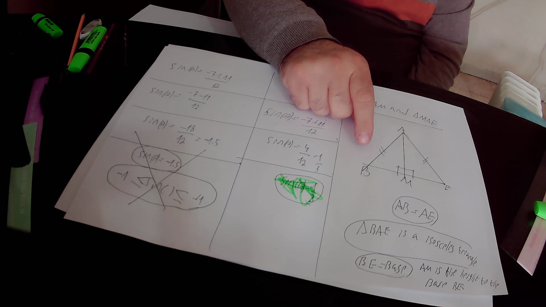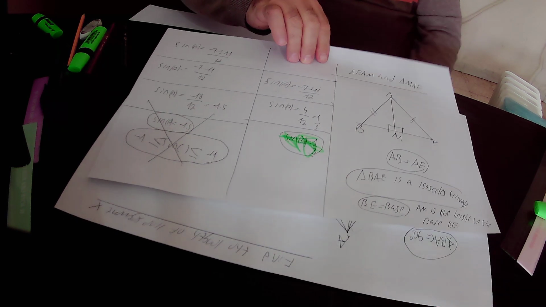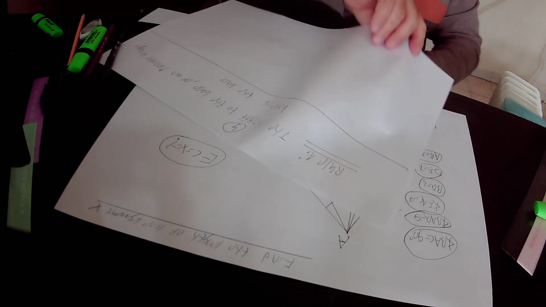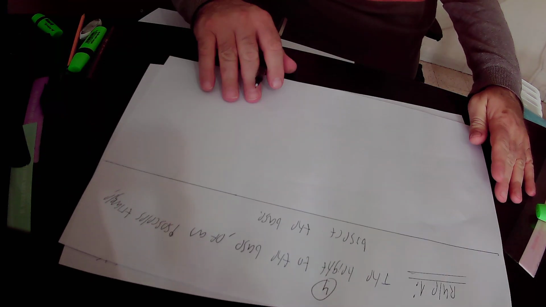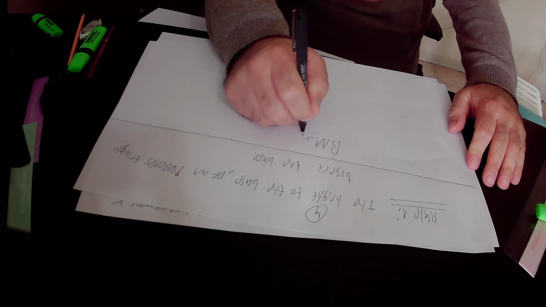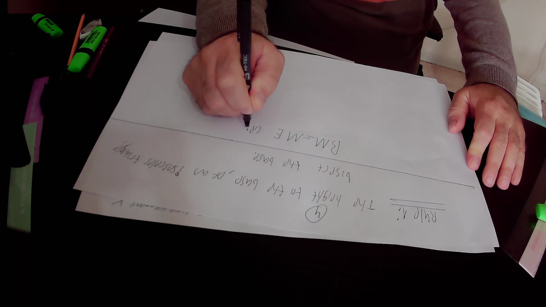That is to say, BM equals ME according to rule number 1. BM is equal to ME according to rule number 1.